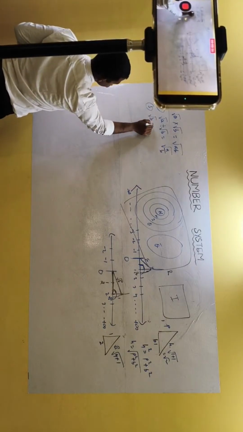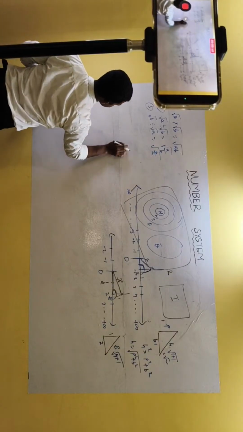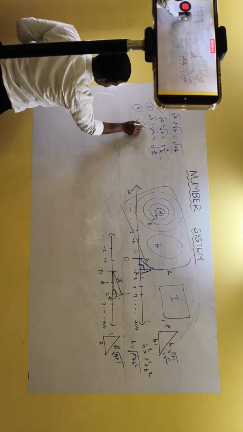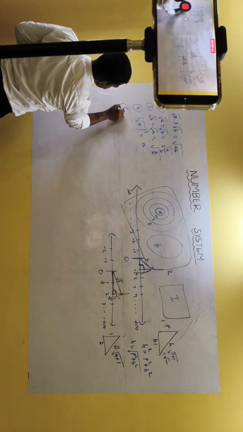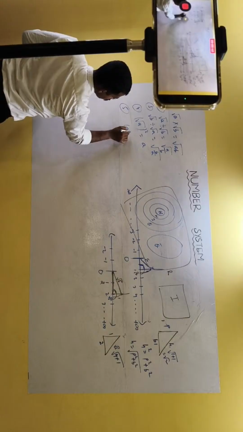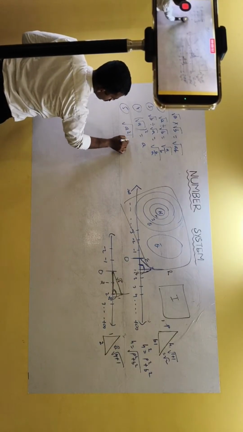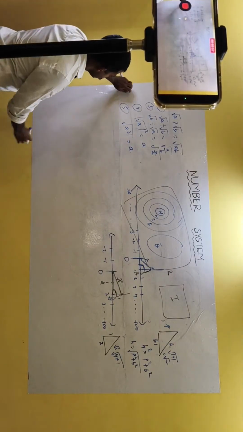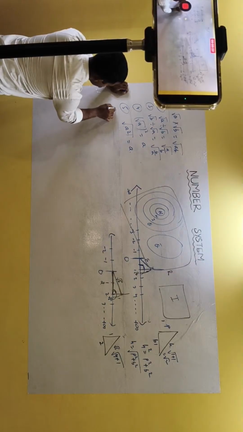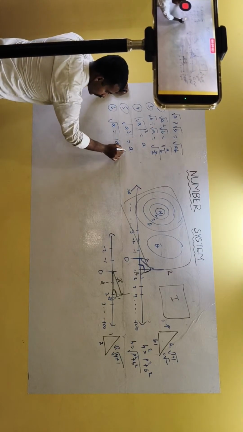Root b divided by root a equal to root b by a. Root a whole square equal to a. Square root of a square equal to a. Another thing, this root a can also be written as a to the power 1 by 2.